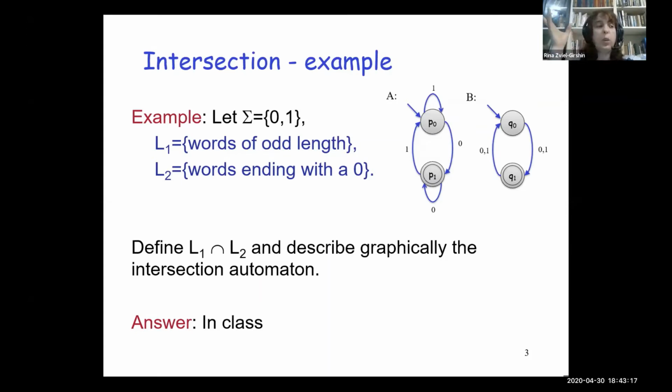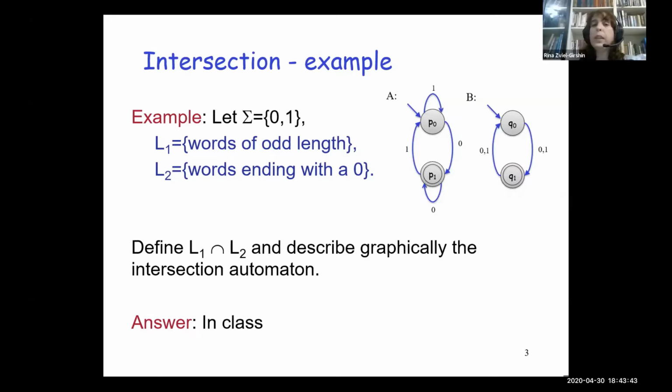The basic question I would like to ask is: will this automaton be different from what we used for union? During the lecture, I constructed the automaton for union of L1 and L2. So the idea, should I use different states? No, that's just the accepting states will be different.